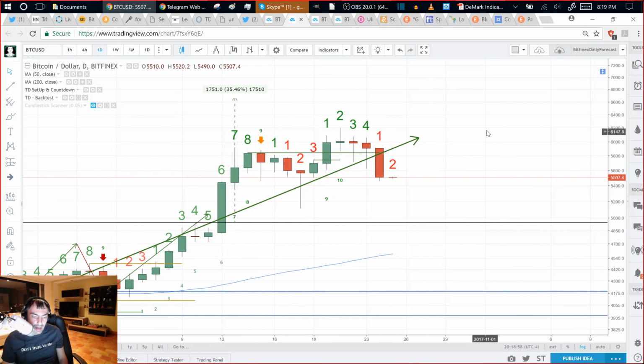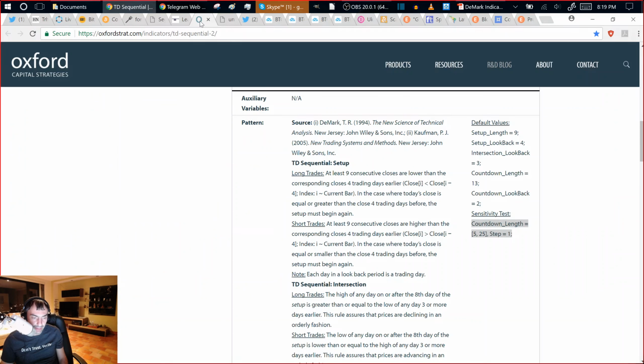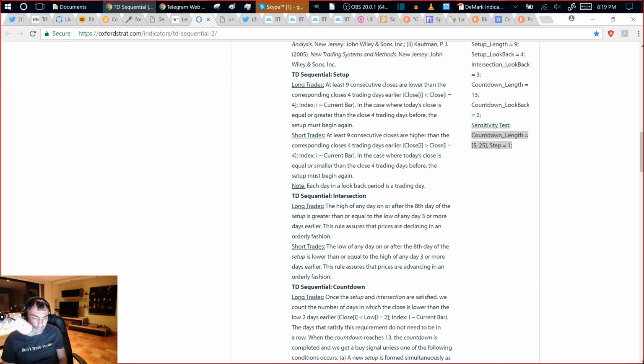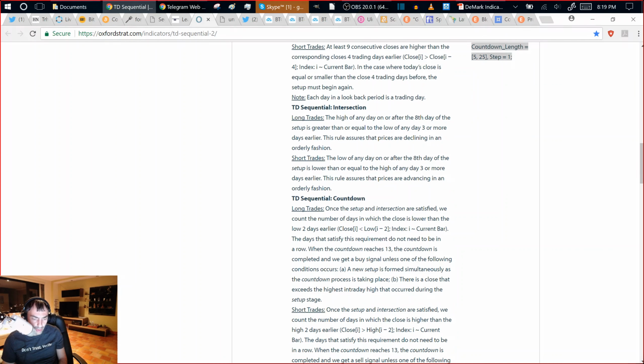So when this daily does reach a 13, there'll be another 13 in the background. All right. Now there are conditions that remove this 13, and they're explained in this math thing. So there are 2 conditions that turn off the countdown. So you have a new setup in the opposite direction, right?